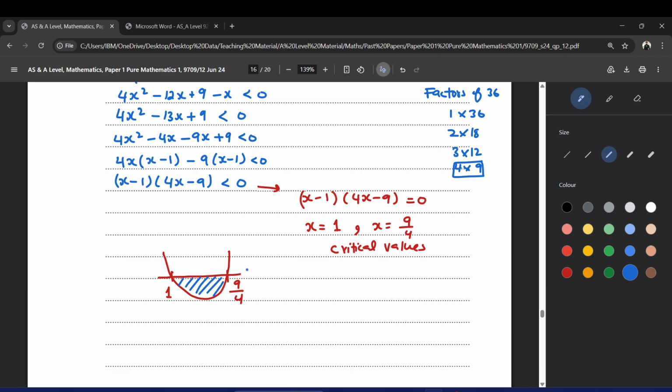Okay, because this is x-axis, right? This line represents x-axis. So y is less than 0 means that y is below the x-axis, and it is below the x-axis between this region. So therefore I'm going to say that x is between 1 and 9 upon 4. Okay, so this is going to be my final answer.